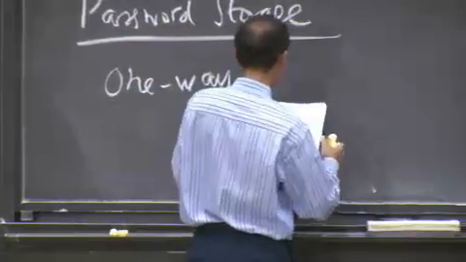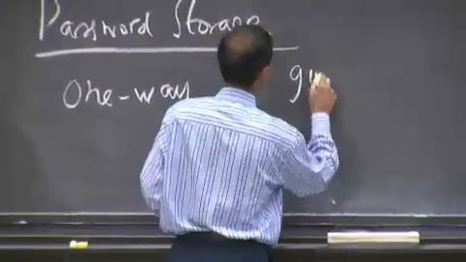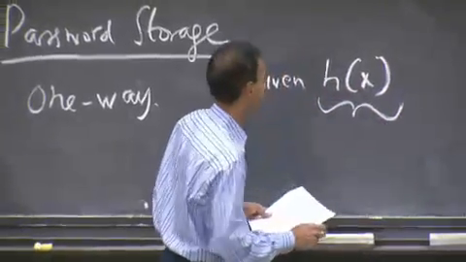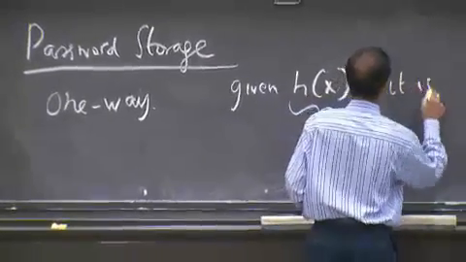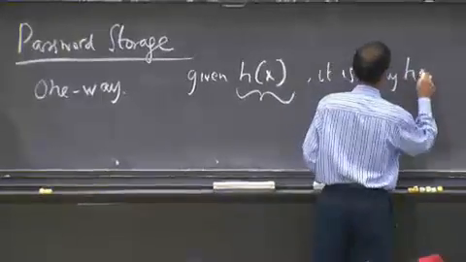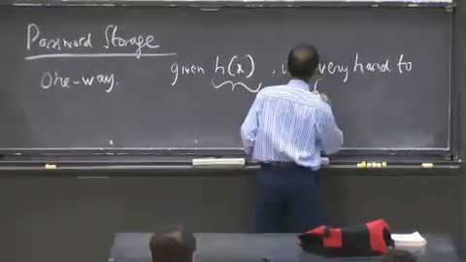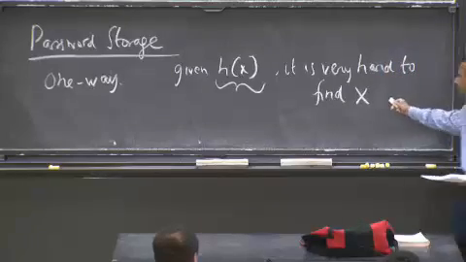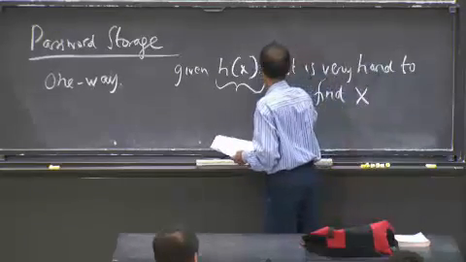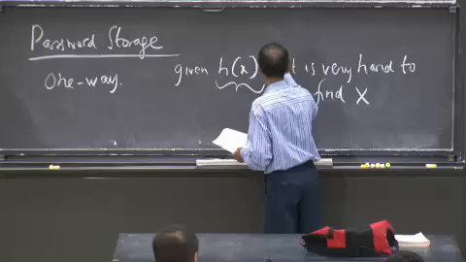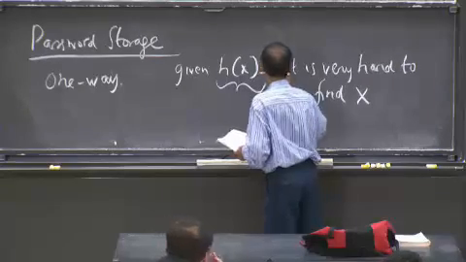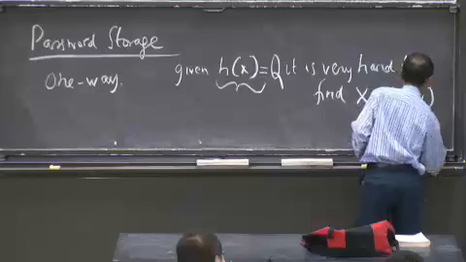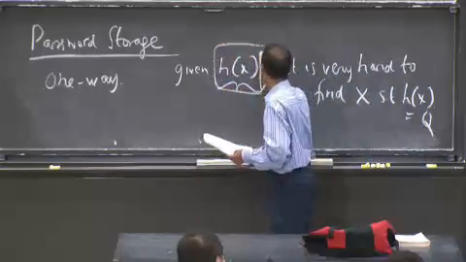What that means is that given h of x, the value of the hash, it is very hard to find x such that x basically hashes to this value. So if h of x equals, let's call it q, then you're only given h of x.